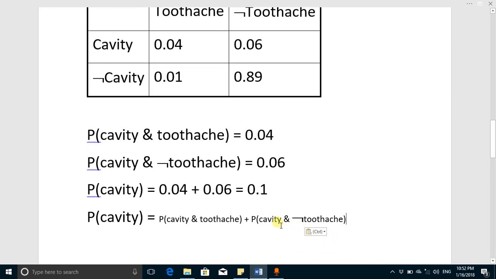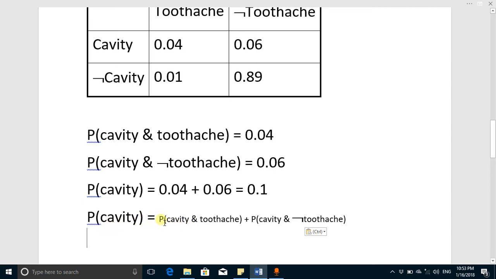So this equation gives us another important formula, that is how can we compute the total probability of one factor when we have it for two factors. So if we have it for two factors, we will add it with both forms of the second factor. This is a yes form and this is a no form.